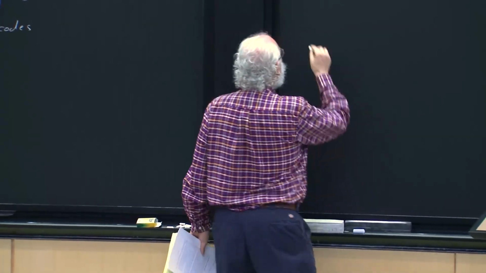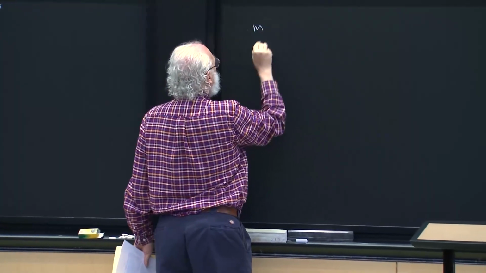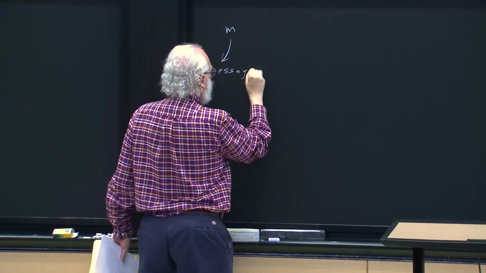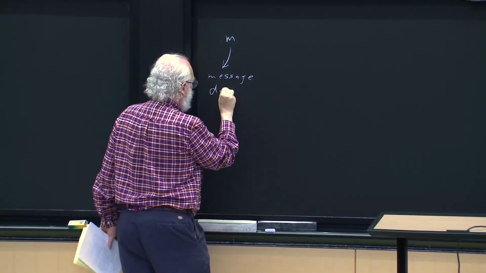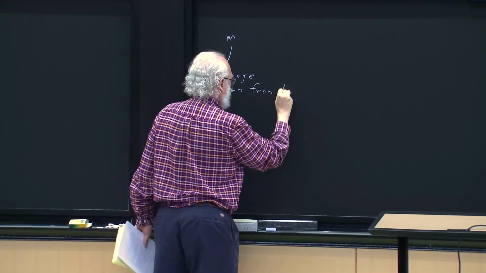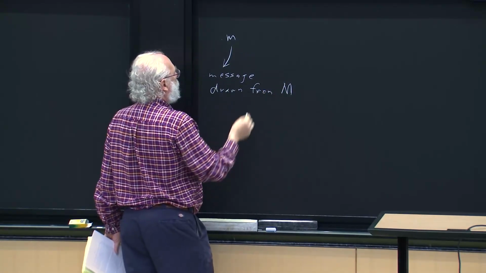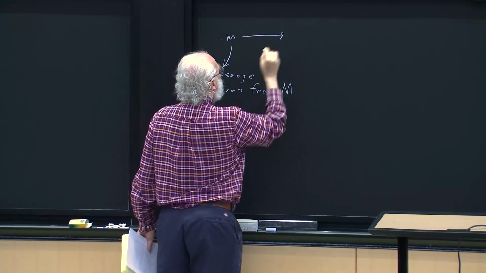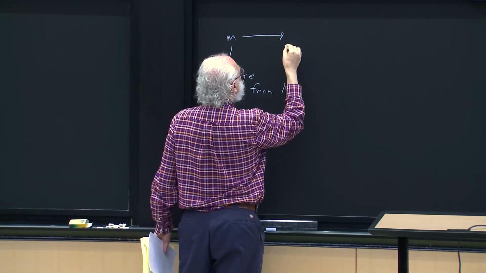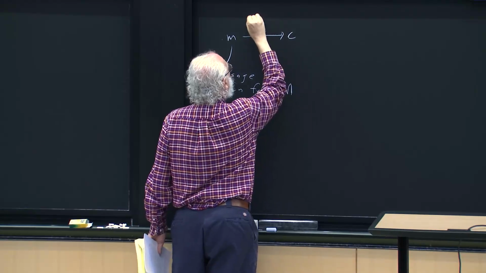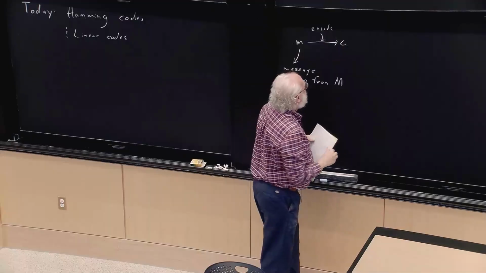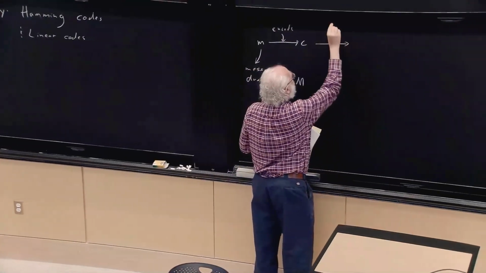So you have some message drawn from M, which is some set of messages. And now you encode it. And now you have a noisy channel.